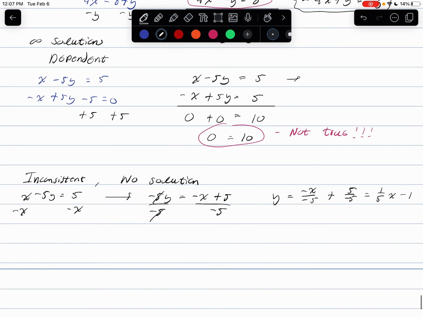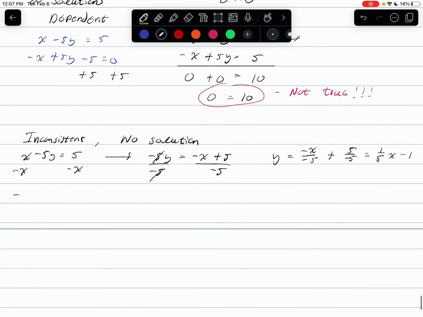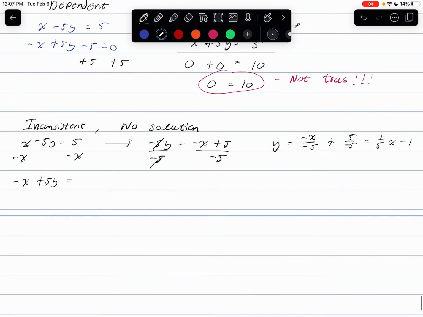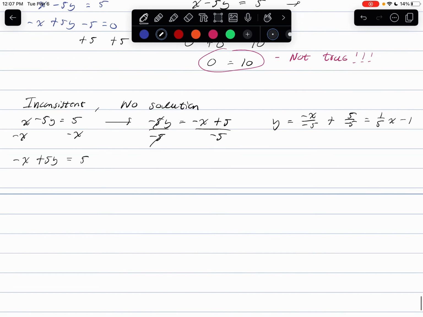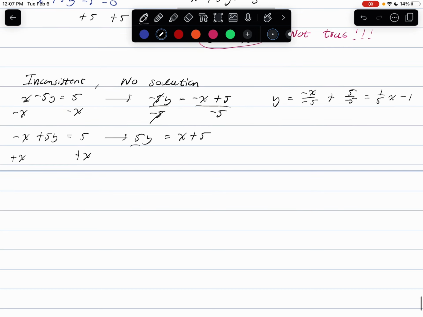Okay. And then for the other one, we have negative x plus 5y equals 5. Okay, so we can add x, and we'll have 5y is equal to x plus 5. So we can divide both sides by 5.